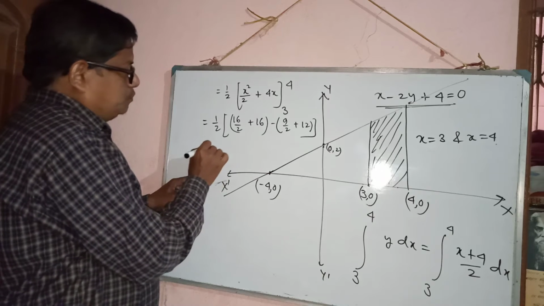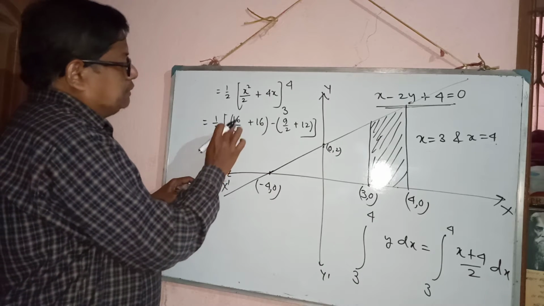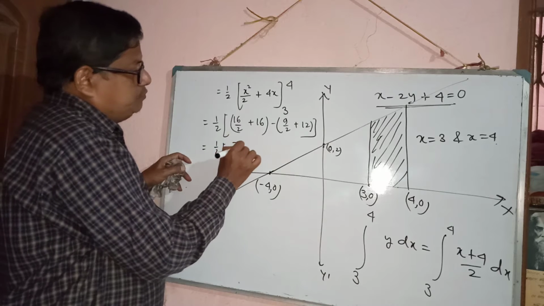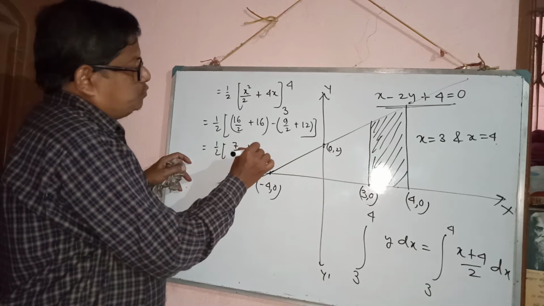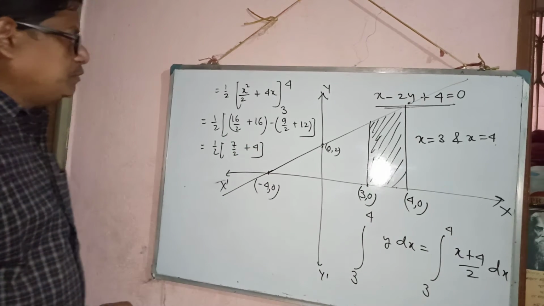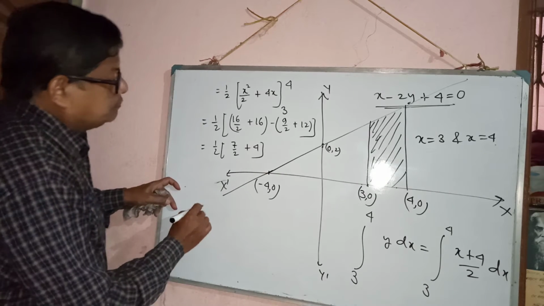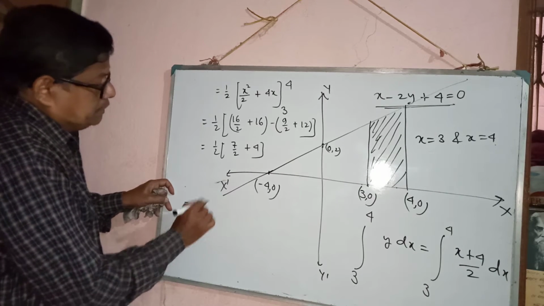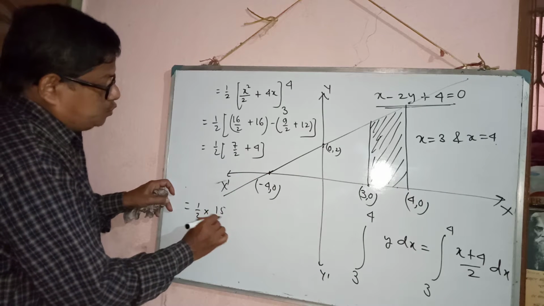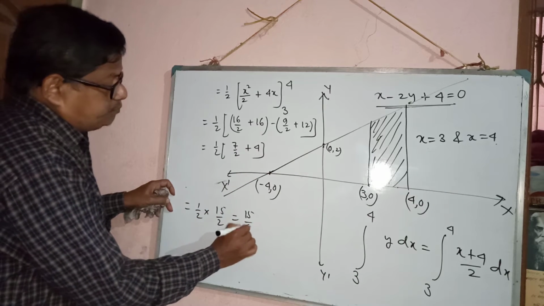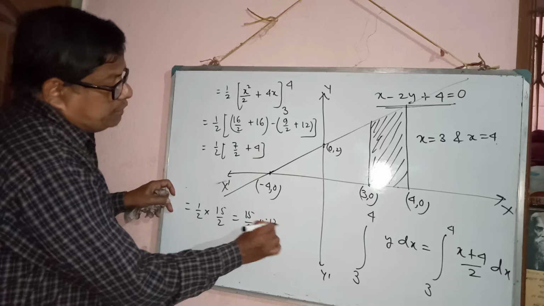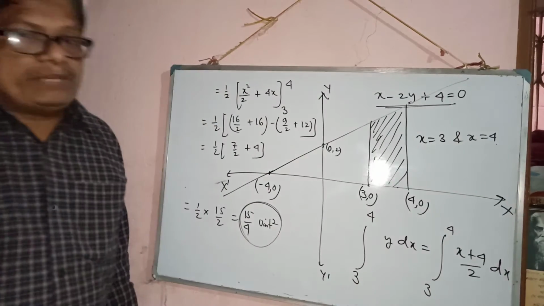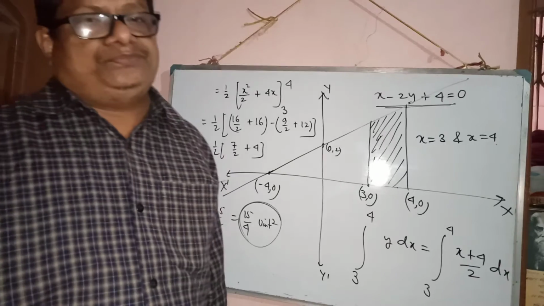Half of 16 by 2 minus 9 by 2 is 7 by 2, plus 4. Now it will be half into 15 by 2, that is 15 by 4 unit square. This is the area of this part: 15 by 4 unit square.